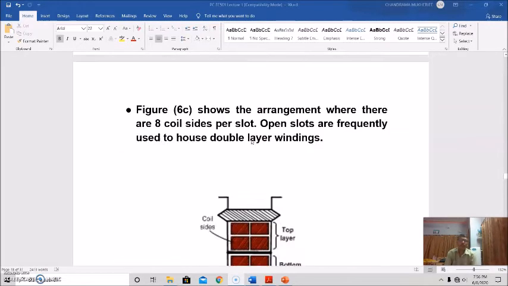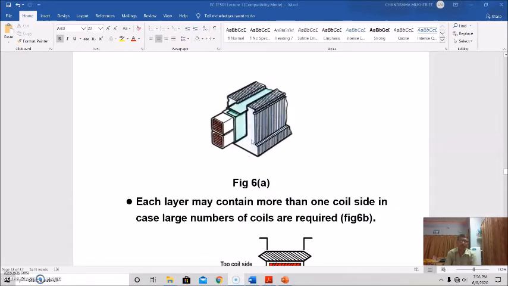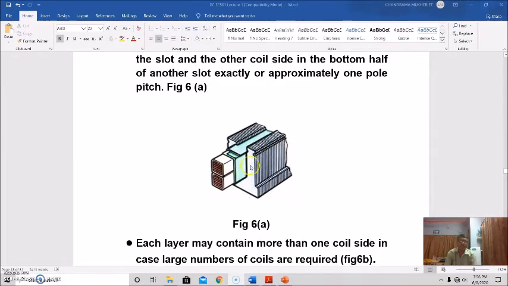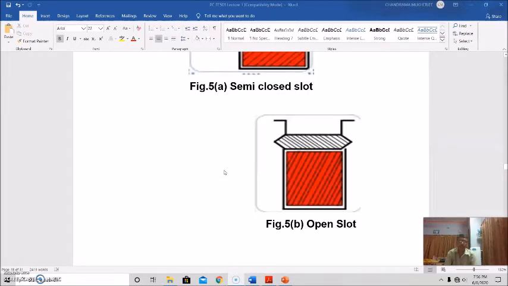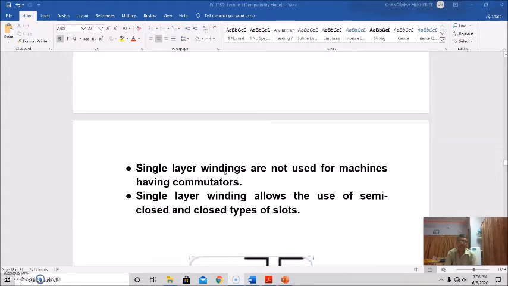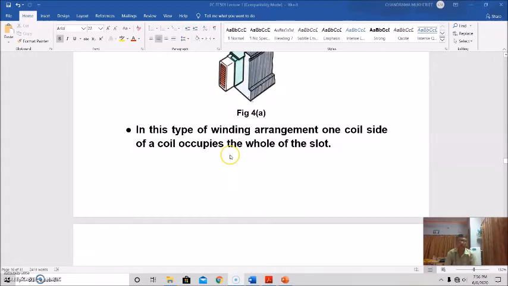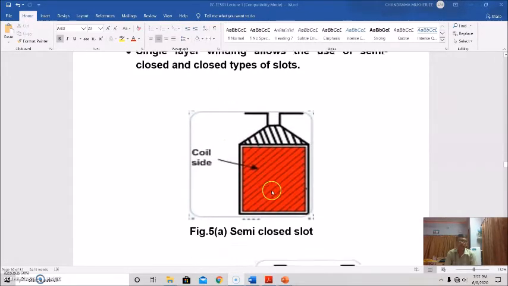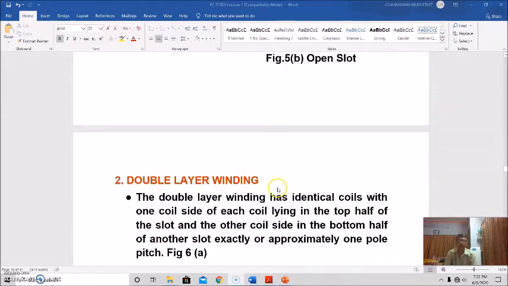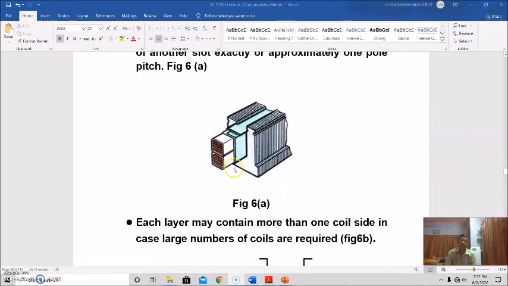Before discussing, once again I am telling you, in case of single layer winding we have only one coil side in one slot. It was given in the earlier class. I have shown you this picture, and once again I am showing it. This one is semi-closed, this is closed, and in double layer, in each slot there must be 2 layers.